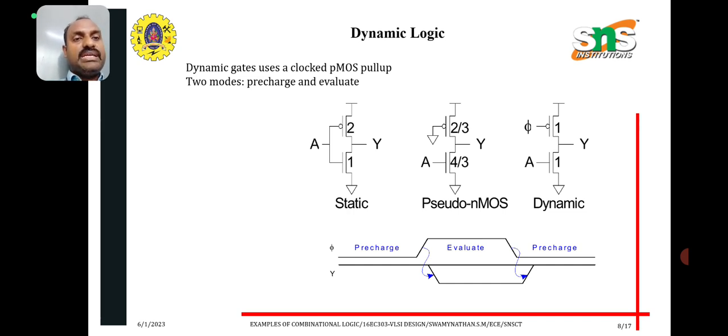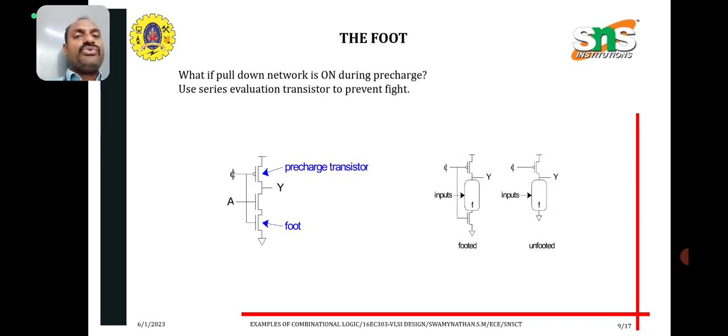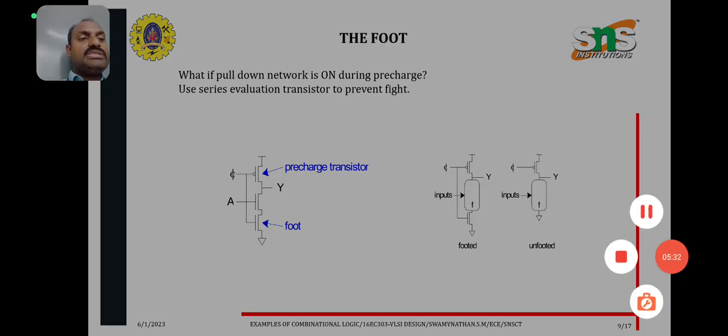In the static it is normal, and in the pseudo nMOS the gate is grounded, so PMOS is permanently on. In dynamic we give the clock input, phi. The foot transistor is useful for the dynamic logic; whenever it is needed we can use the foot transistor.